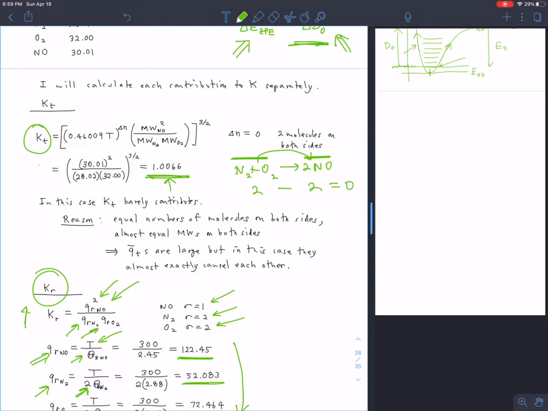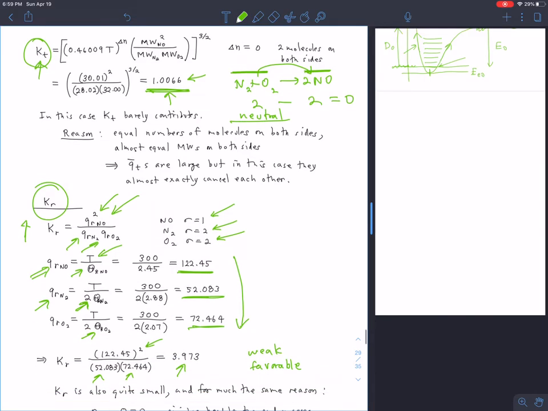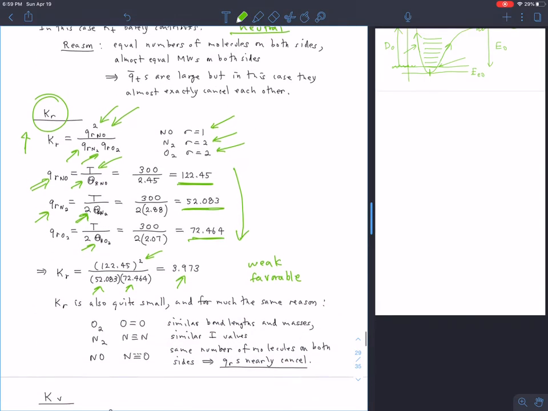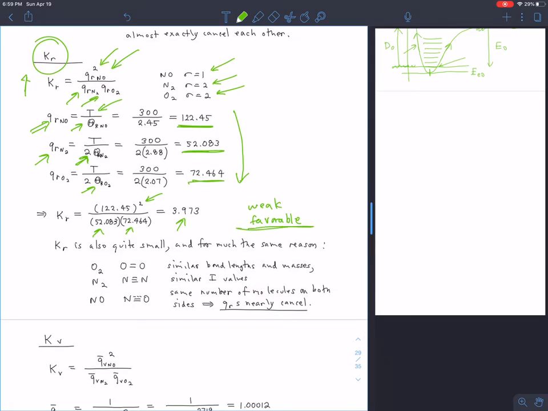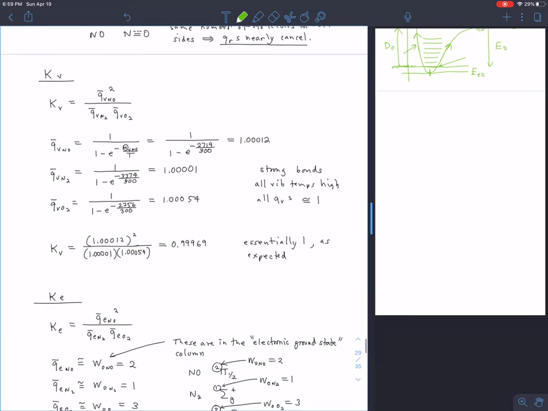The fact that this KT is 1 means that this doesn't favor or disfavor reactants or products. This is a neutral factor as far as the reaction going forward or backwards is concerned. This one is weakly favorable. It's only a factor of 4. That's small for these kinds of calculations, for equilibrium constant kinds of things.